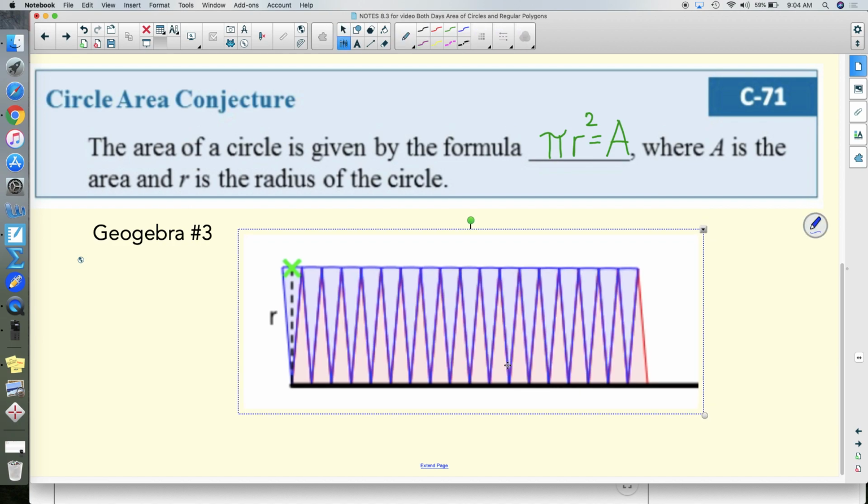You would end up with a parallelogram. And this parallelogram's height would be radius, and its base would be half the circumference of the circle because half of those were tipped over to make the top sides. And half the circumference of a circle would be half of 2 pi r. And if we clean that up, that's just pi r.